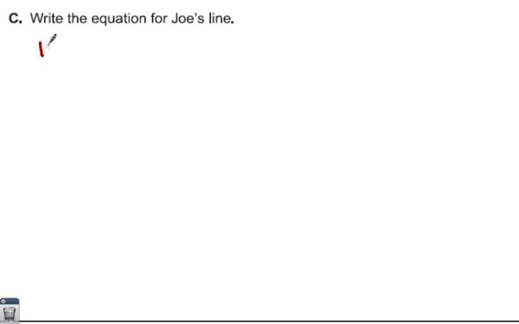Let's use this form or formula to get ourselves an equation. I'll point out right away that they want an equation. They're not specifically asking for a certain form.